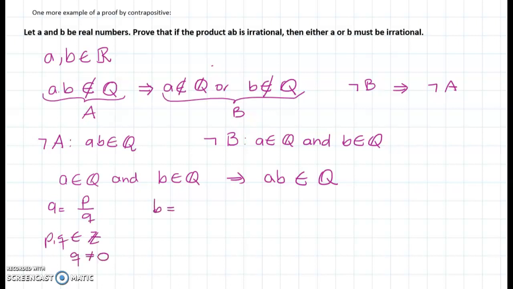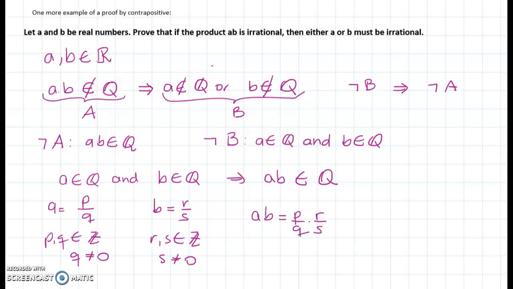And similarly, we can write B as R over S with R and S integers and S different from zero.